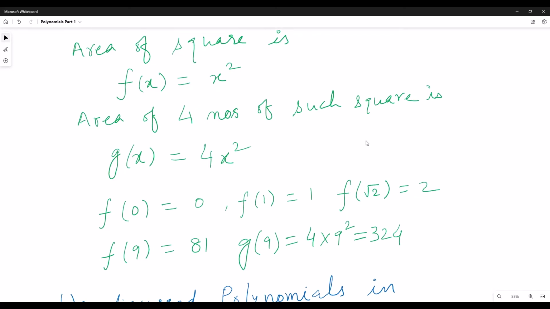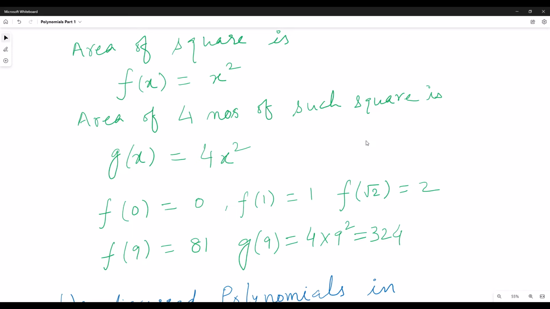With each side as 1 is 1. With each side as 9 is 9 into 9, that is 81. With each side as root 2, root 2 square, that is 2. And the area of 4 squares with each side as 9 is 4 times 9 square, that is 324.